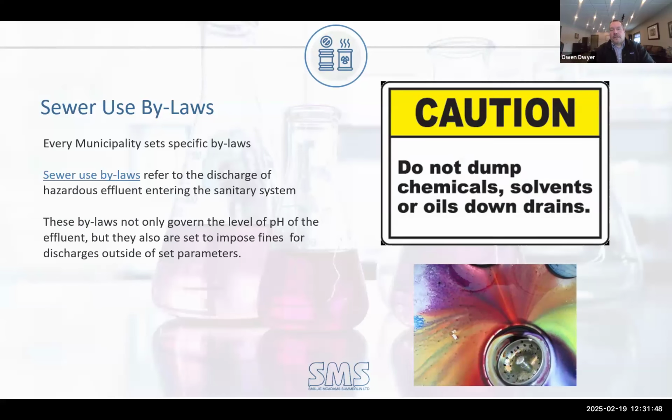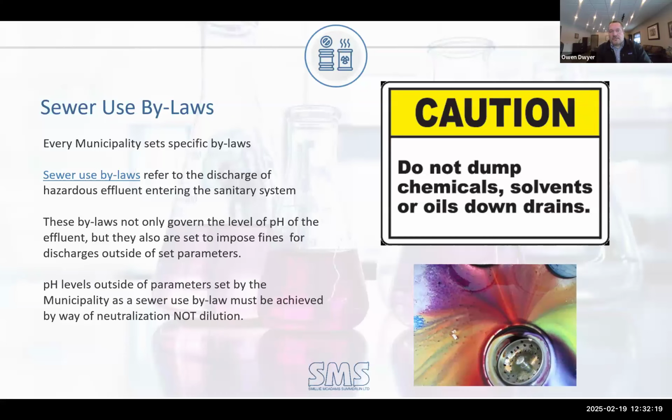So what you have is a municipality saying we will accept a discharge maximum pH 10, minimum pH 6, 5.5. And if you are outside of those parameters, your waste or your effluent is considered corrosive. And you have to get it within that permissible discharge window for the municipality to be acceptant of that discharge.